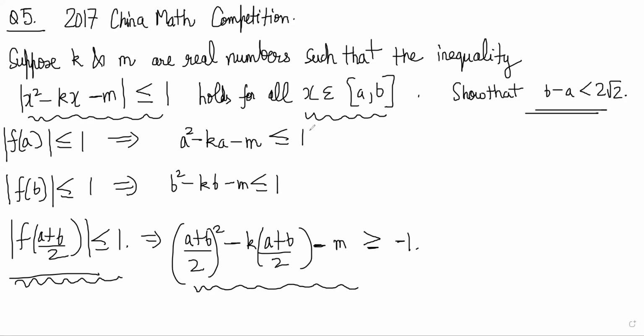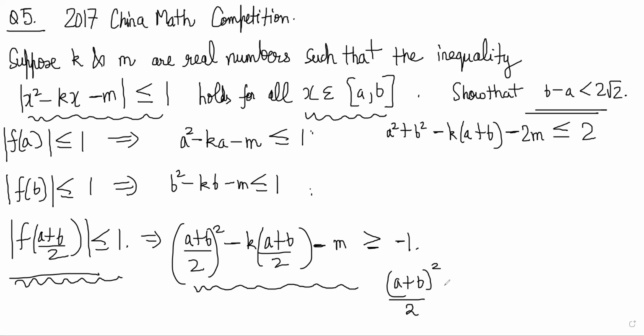So what I will do is first I will add these two inequalities, right? If I add these two inequalities, I get a square plus b square minus k times (a plus b) minus 2m is less than or equal to 2, right? Great. And if I double this inequality, I will get basically (a plus b) whole square by 2 minus k times (a plus b) minus 2m is greater than or equal to minus 2, right?